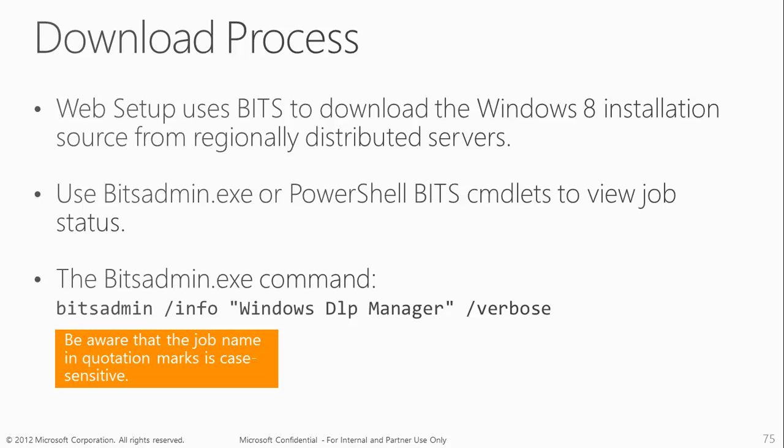Now, web setup uses BITS to download the Windows 8 installation files from a regionally distributed server. This helps to make the download process go as quickly as possible. You can use bitsadmin.exe or the PowerShell BITS cmdlets to view the job status.